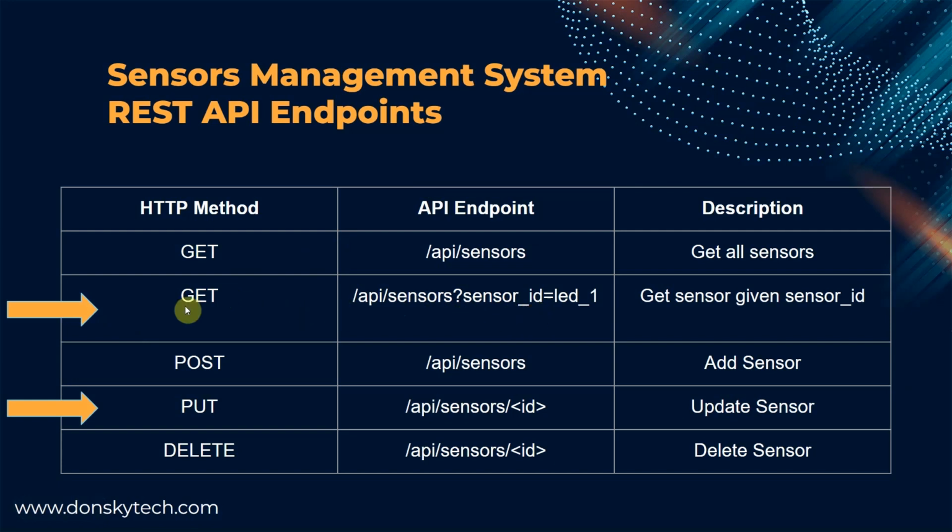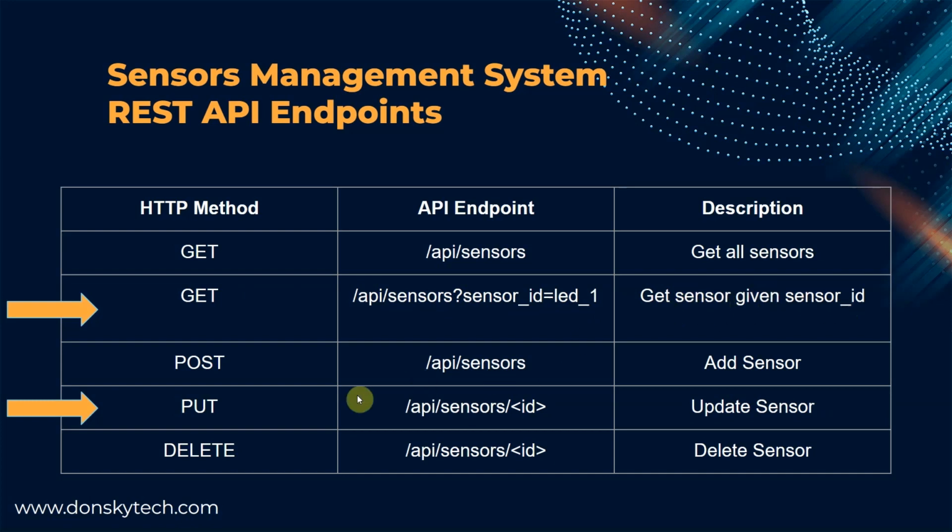So for the GET request, we are sending it to /API/sensors, and then we have a parameter called sensor ID, and the value of the parameter is LED1, which maps directly to our MongoDB database records.